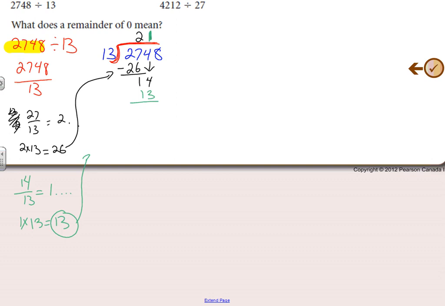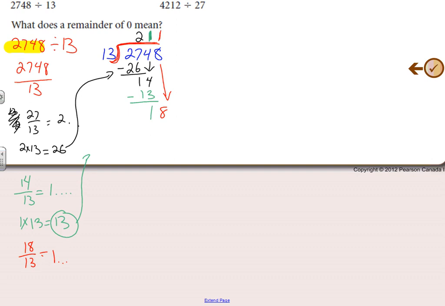And we subtract again. 14 minus 13 gives us 1. Bring down the 8. Now we want to know how many times 13 goes into 18. 18 divided by 13 gives us 1 full time, point something.